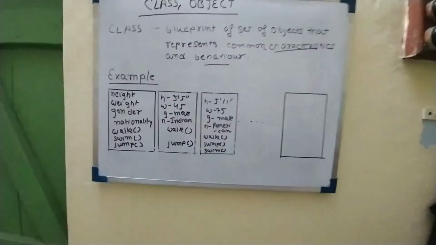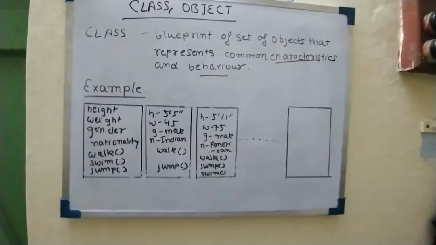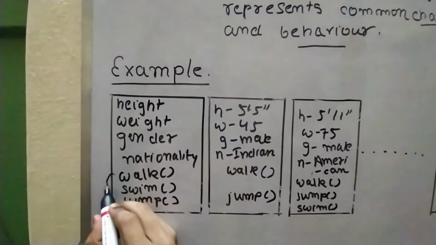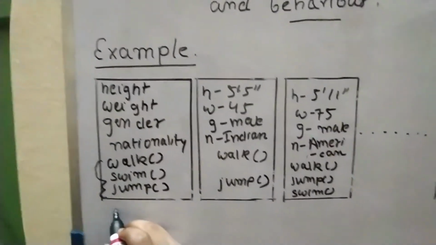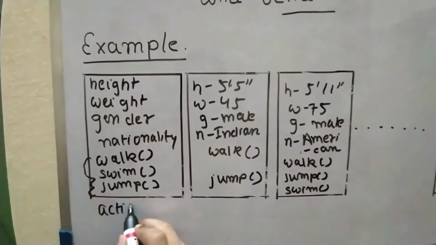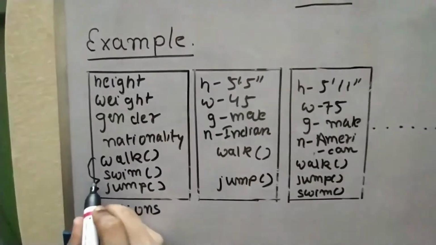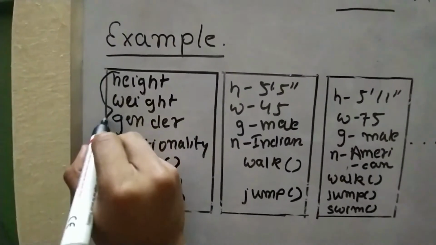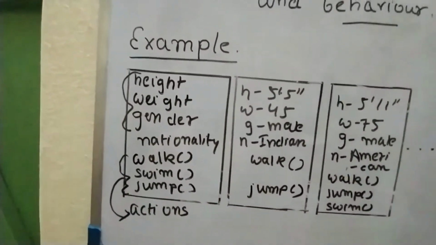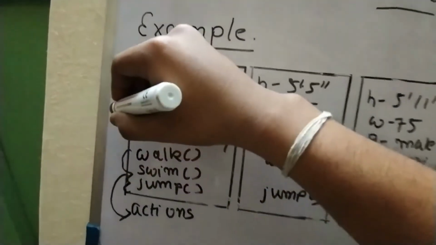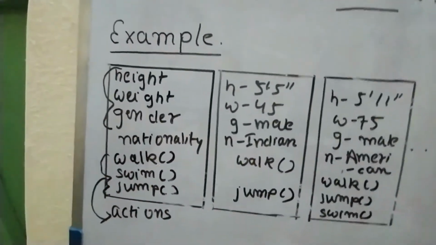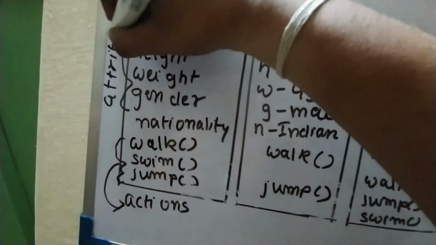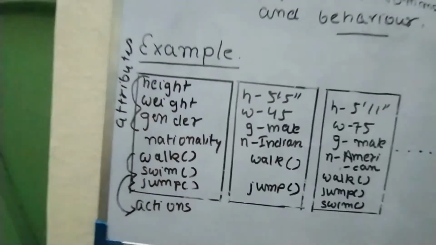Now, see something. What you find is that everything that's here, all these are actions, and everything that's here, all these are characteristics or attributes.